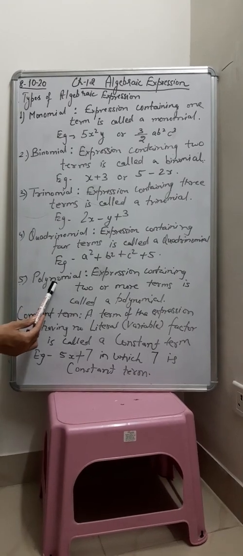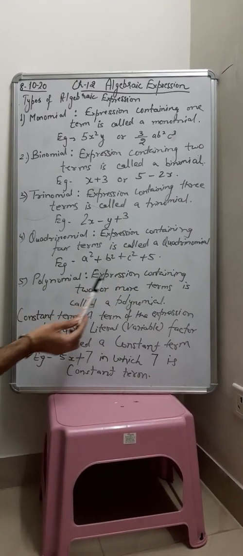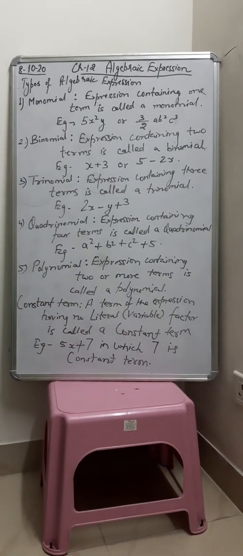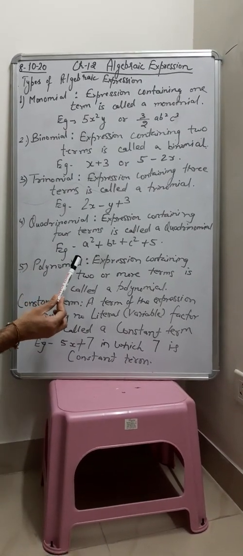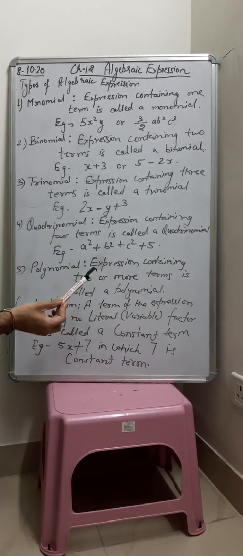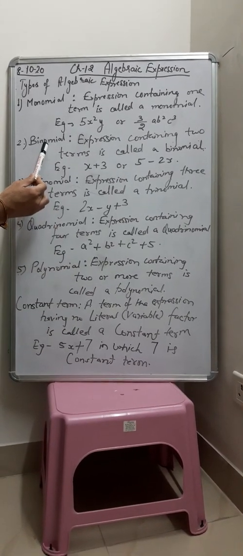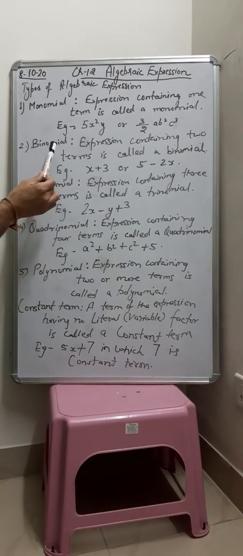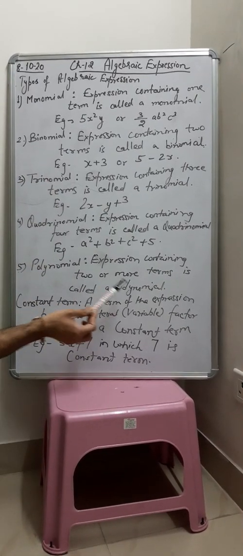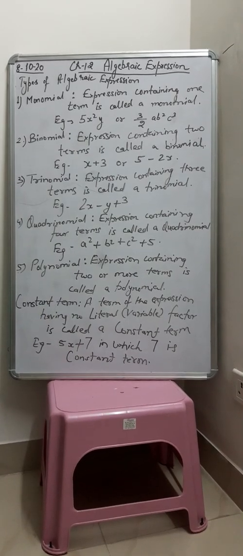Next is polynomial. An expression containing two or more terms is called a polynomial. So that means binomial, trinomial and quadrinomial all come under polynomial.